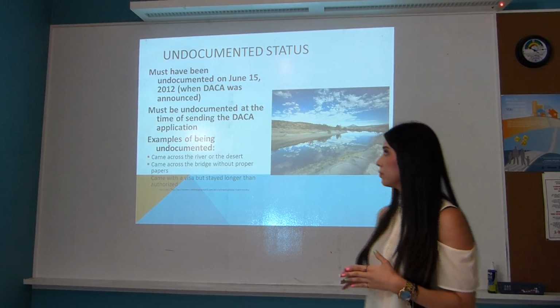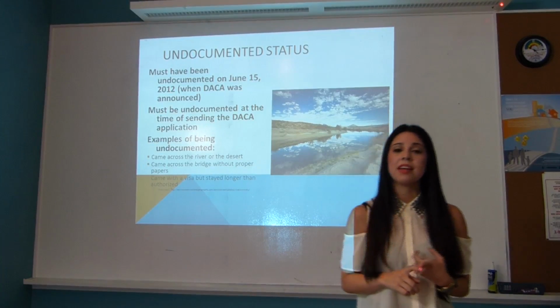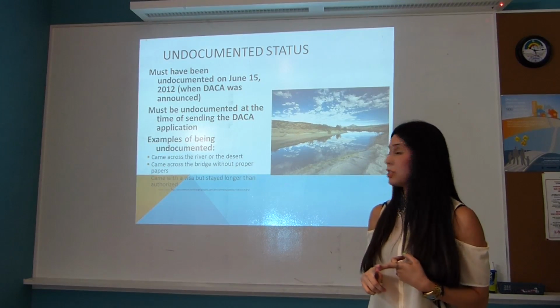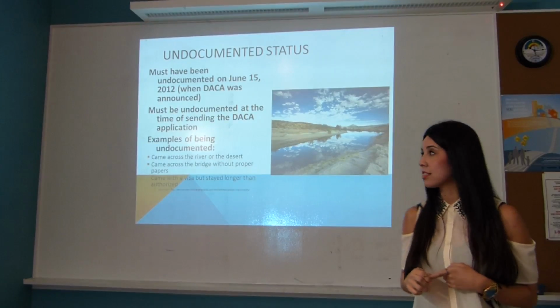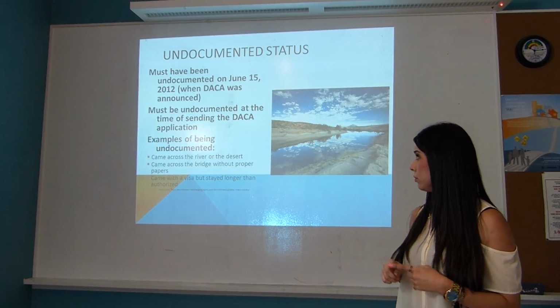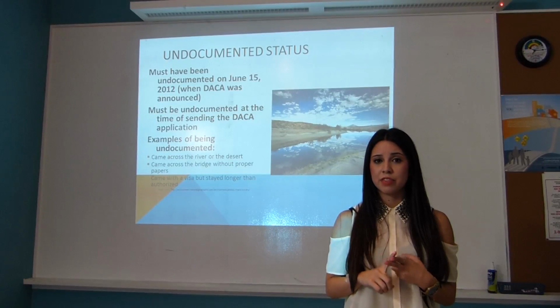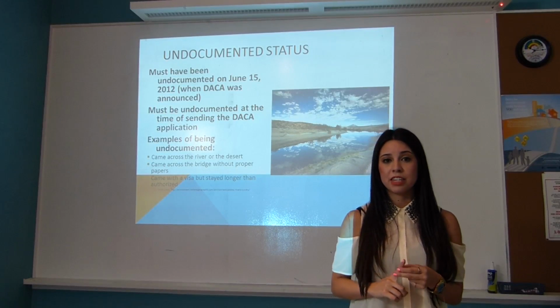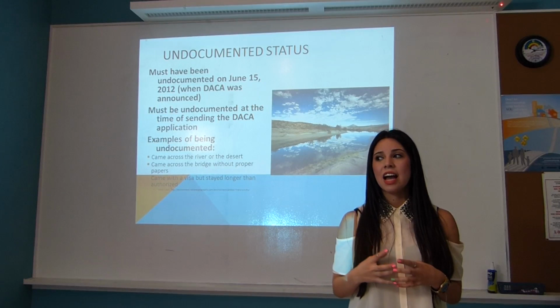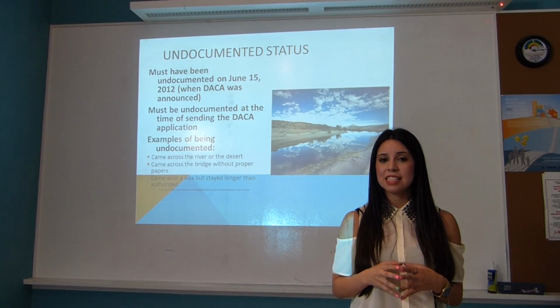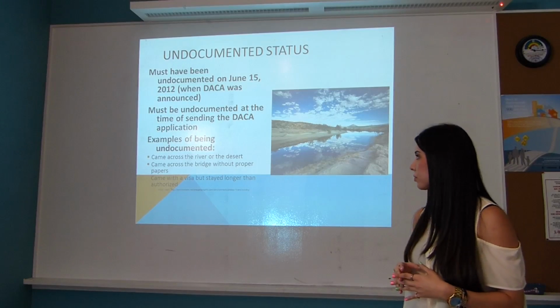So an applicant must have been undocumented on June 15, 2012. That's when DACA was announced. And they must also be undocumented at the time that they were applying for DACA. So if they still have a visa that they are allowed to be in the United States, they don't qualify for DACA.